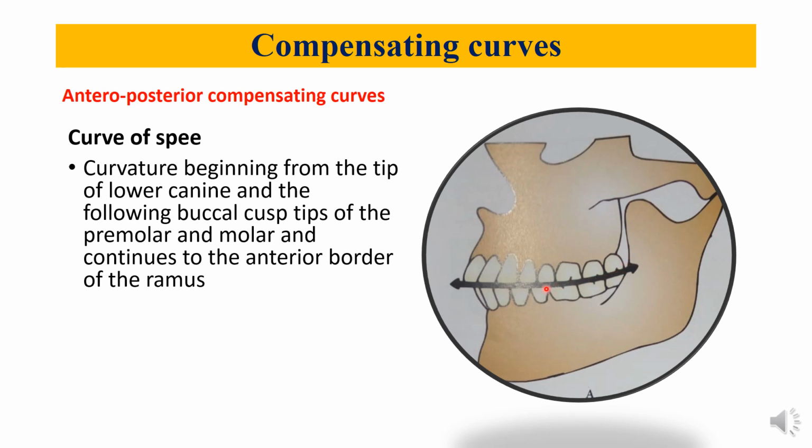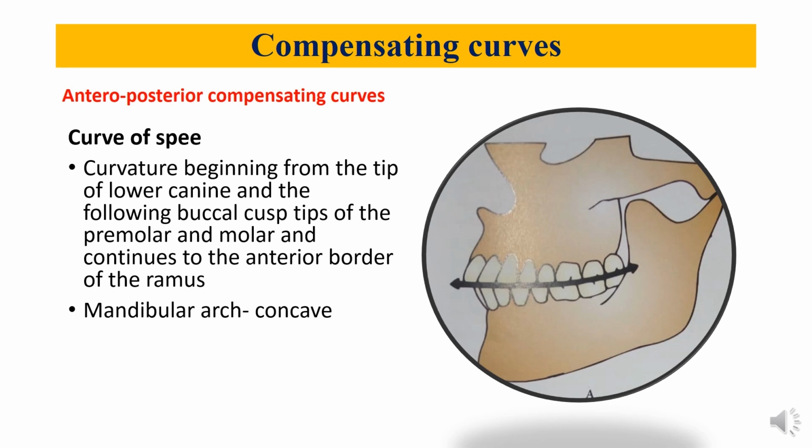You can see my red laser cursor. From the tip of the lower canine, the buccal cusp tips, premolars, and then it goes up towards the anterior border of the ramus of the mandible. That is called the curve of Spee.